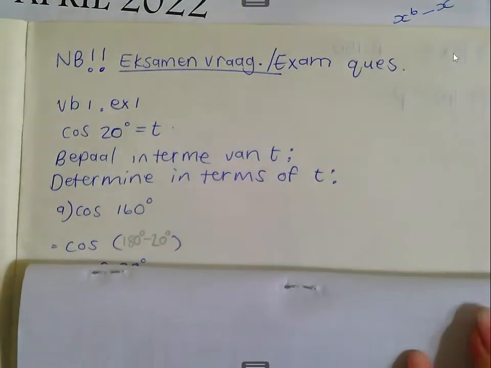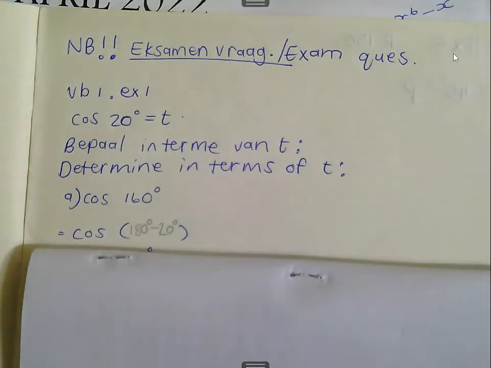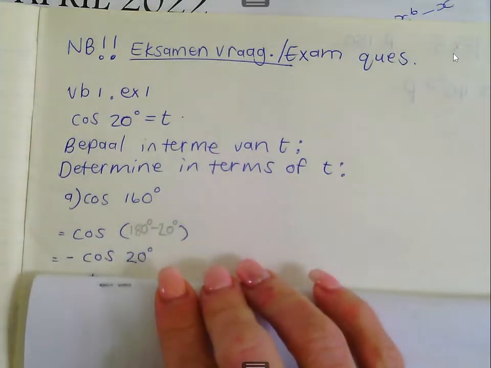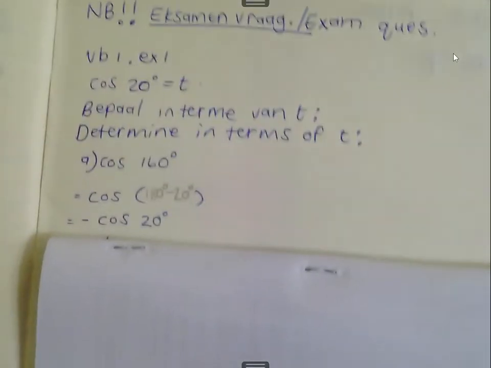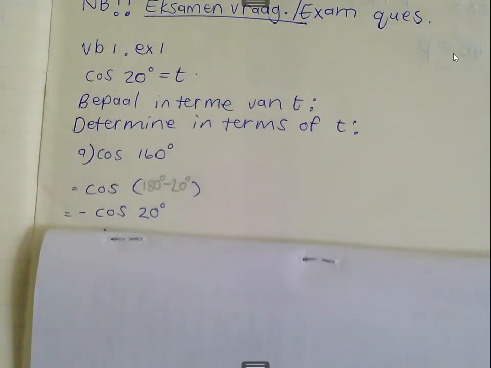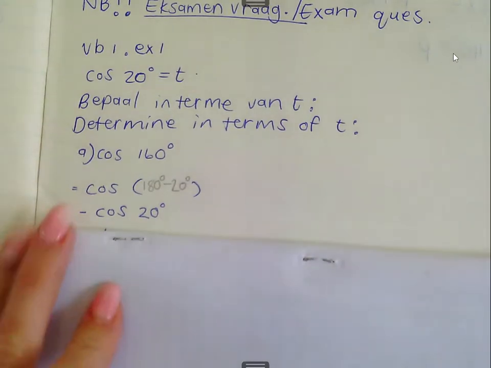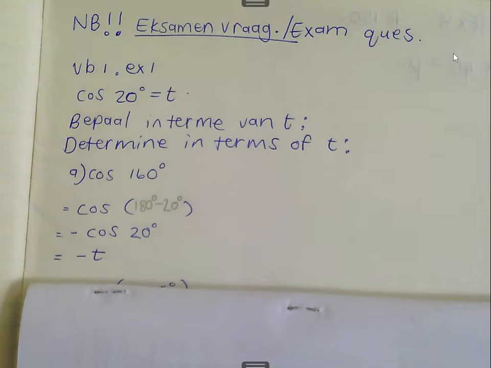Okay, now we do it in the same way. That is in the second quadrant. What is cos in the second quadrant? Negative. So it's going to be negative cos 20. Now if cos 20 is t, what is negative cos 20? Negative t. And that's all you do.